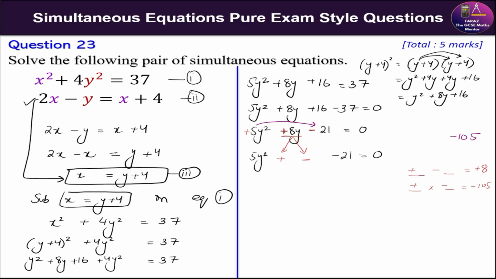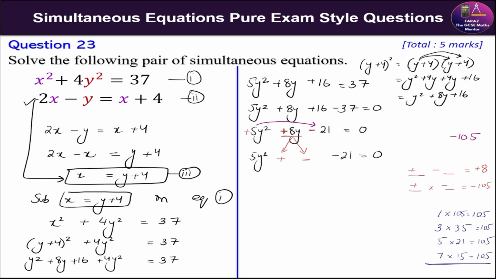So we can write it in this way: 1 times 105 is equal to 105, and 3 into 3 is 9, so 3 times 35 is 105, and then 5 into 21 is also 105, and 7 into 15 is also 105.